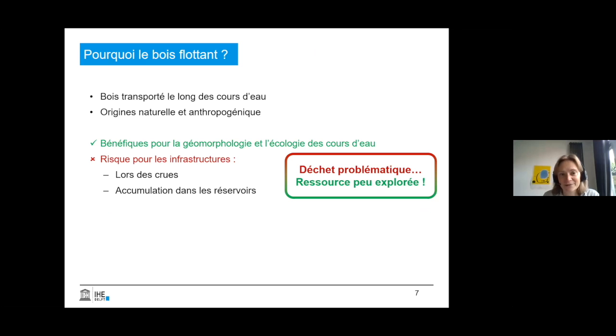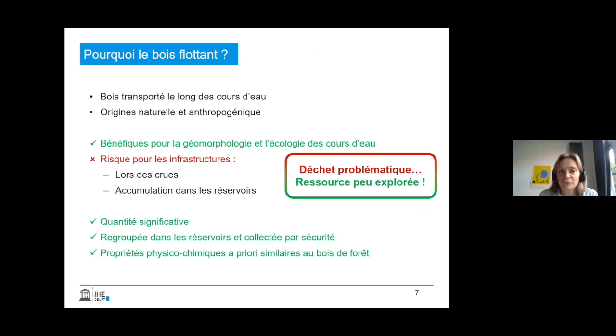We see it as a problem waste. We extract it mechanically, but it is a little explored resource, a significant quantity grouped in a reservoir, different from other bioresources or biomasses which are scattered. Here we're lucky because it has been regrouped and collected, as we've seen in the previous presentations.